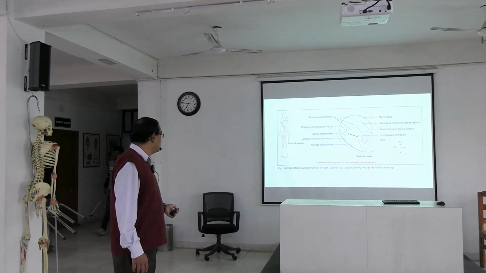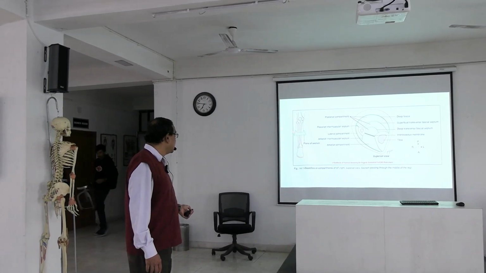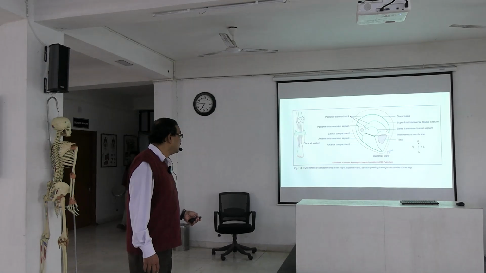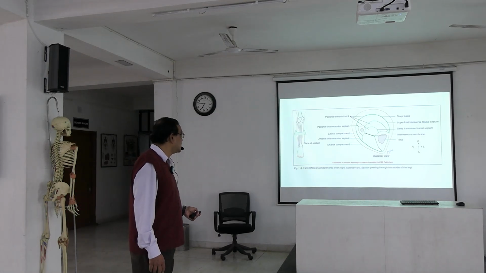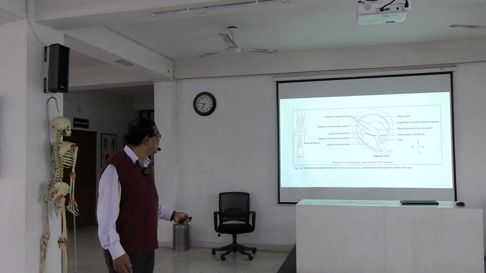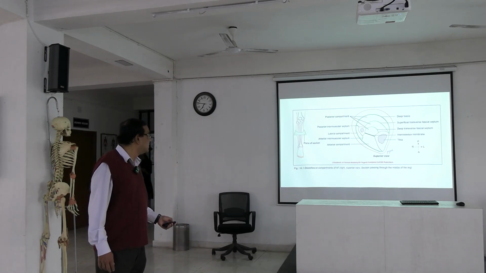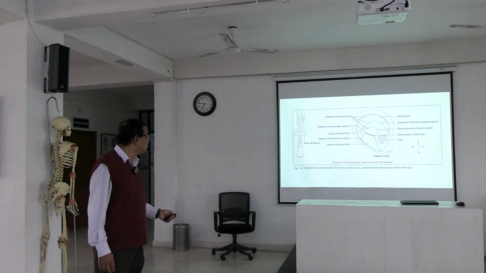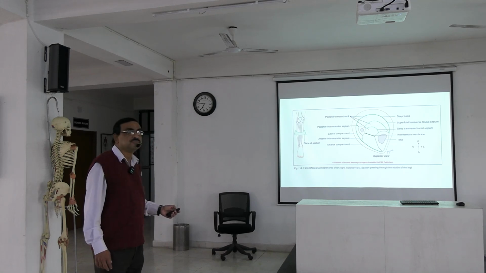This is the leg and this is the cross section, and in this cross section we can see most outside this layer is the skin. The red one is the skin. Below the skin, this space is the superficial fascia.